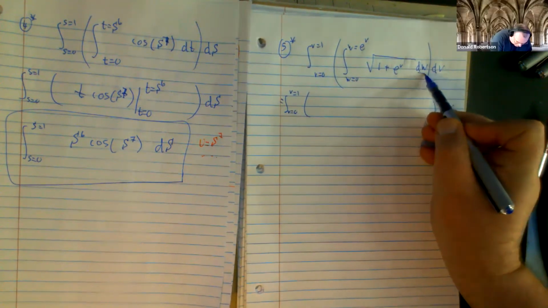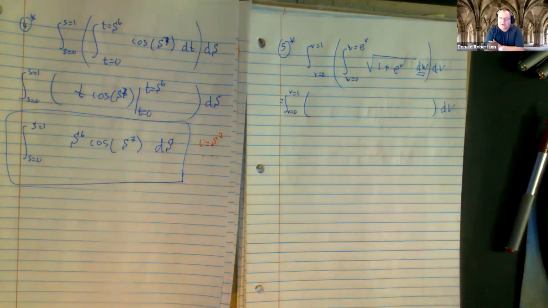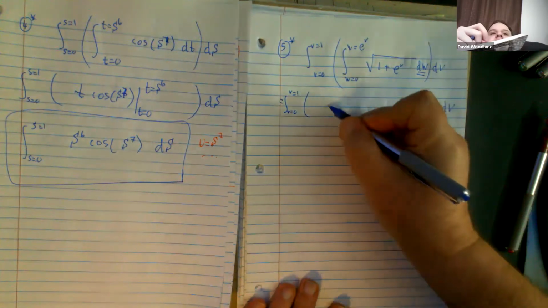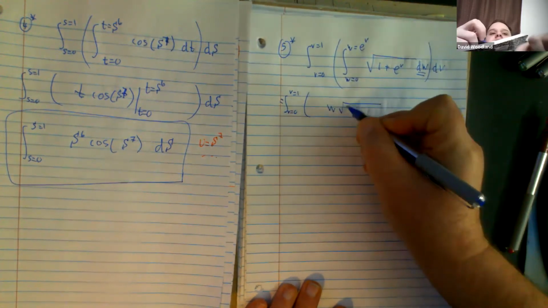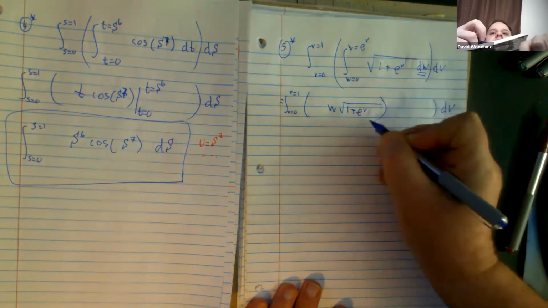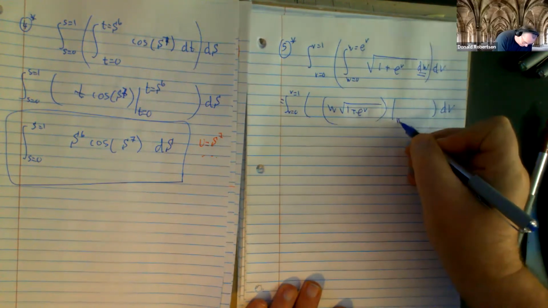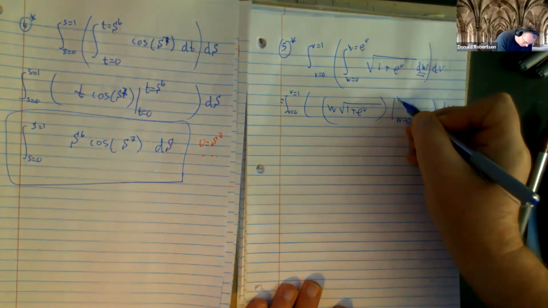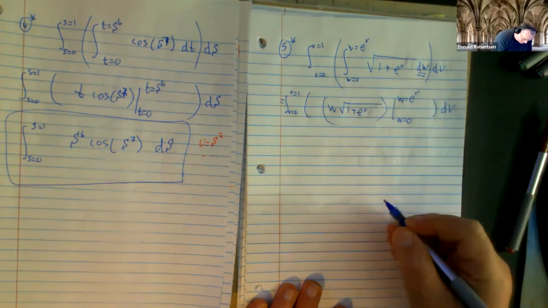With respect to w, what's the integral of the square root of 1 plus e to the v? It's w times it. And then you're going to evaluate it, w equals 0 to w equals that.